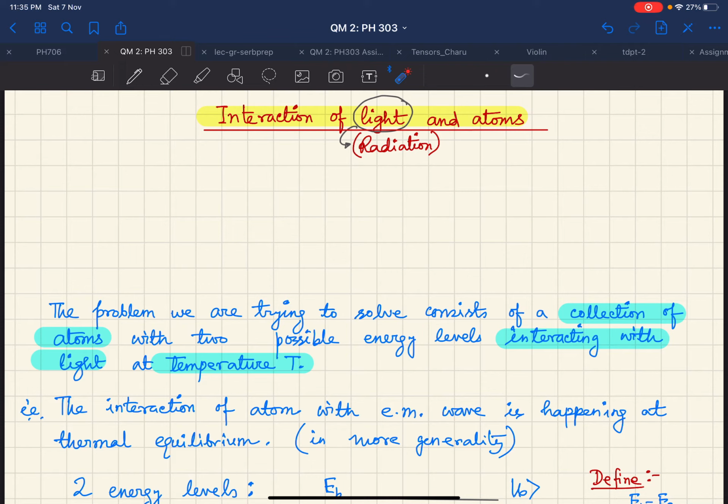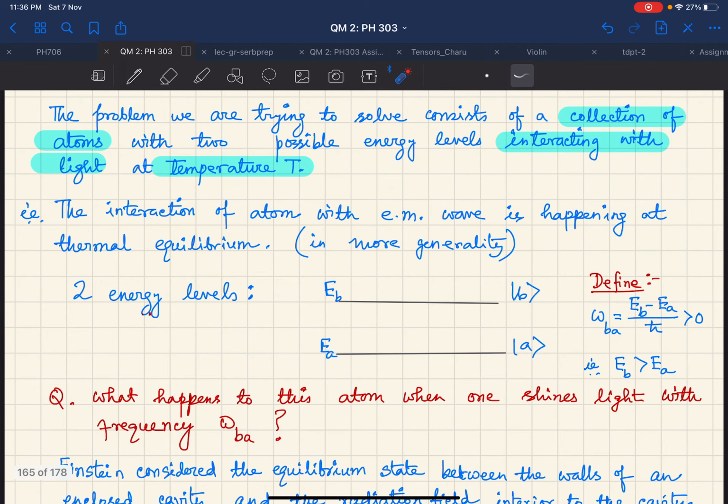This light can be visible light, ultraviolet light, infrared light, X-ray, whatever. And as if that interaction is also not sufficient, we have on top of that introduced a temperature T also. So our life is already much more complicated than you can think of.